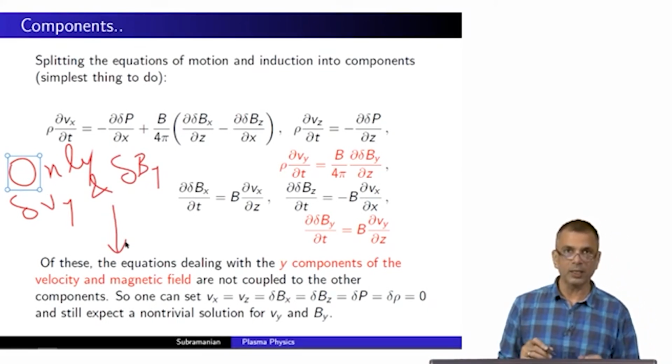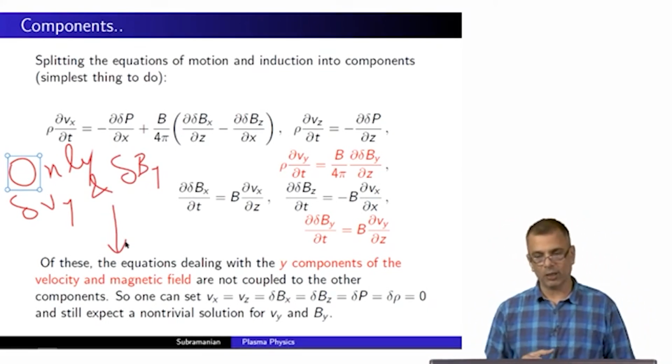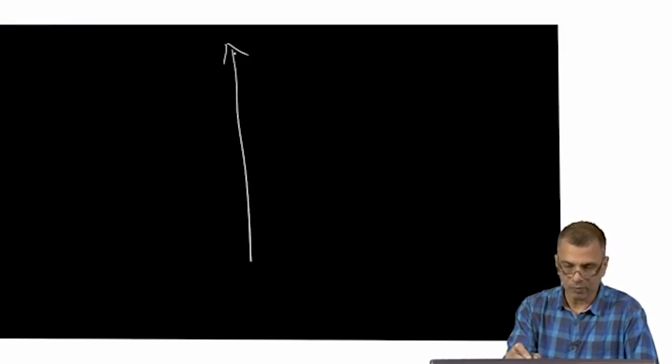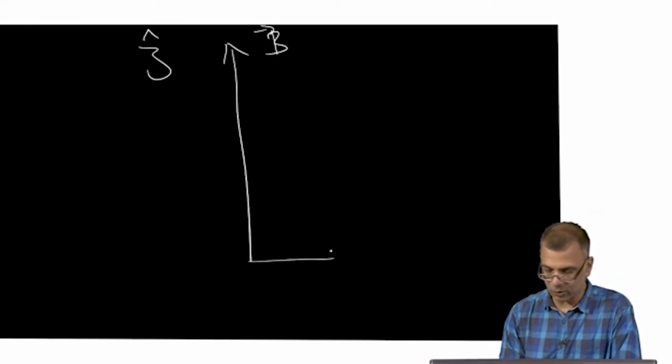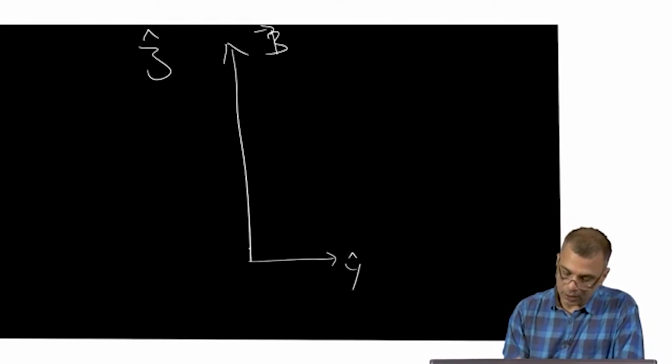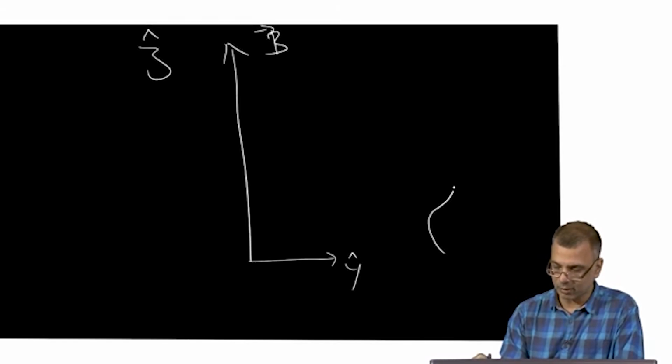In other words, you have a magnetic field pointing in the z direction, z hat, and suppose this was the y direction. So we are considering a perturbation of the magnetic field that looks like this.